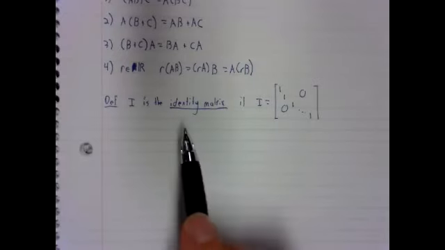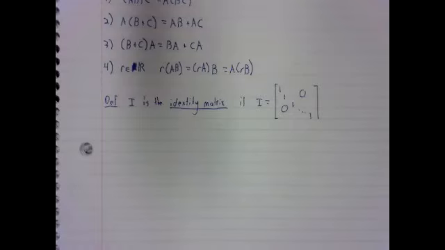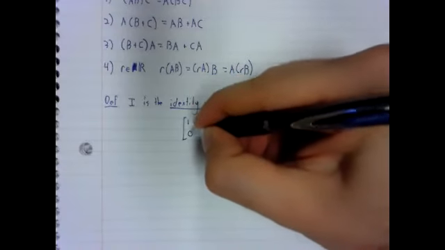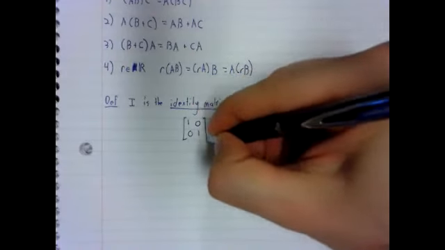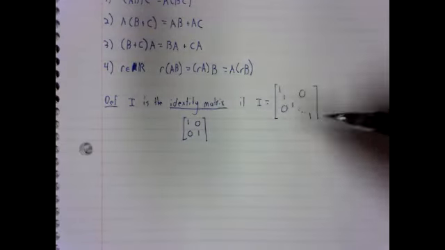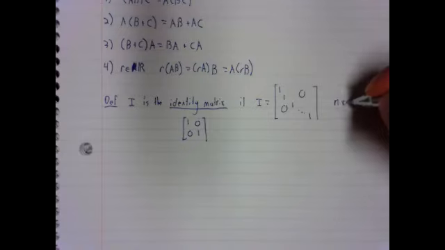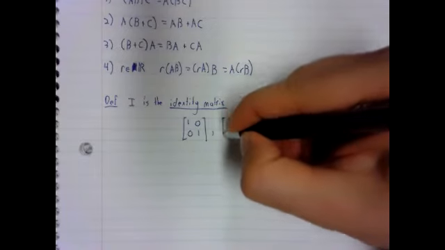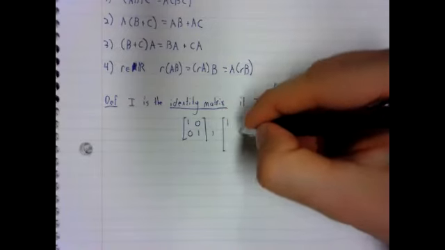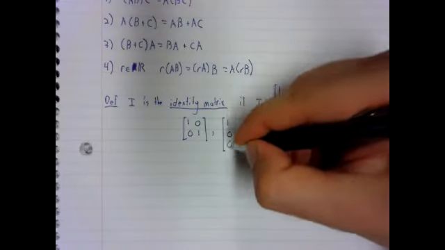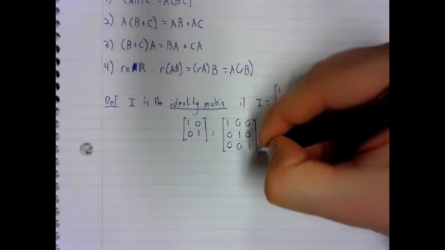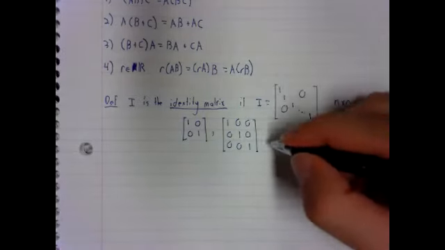We say the identity matrix. There are infinitely many identity matrices, one for each dimension. The identity matrix is square. It's n by n. So we've got a 2 by 2 identity matrix, a 3 by 3 identity matrix, and so on.